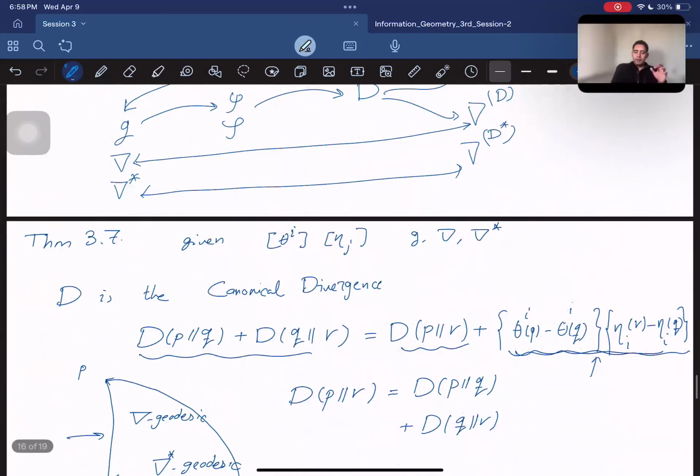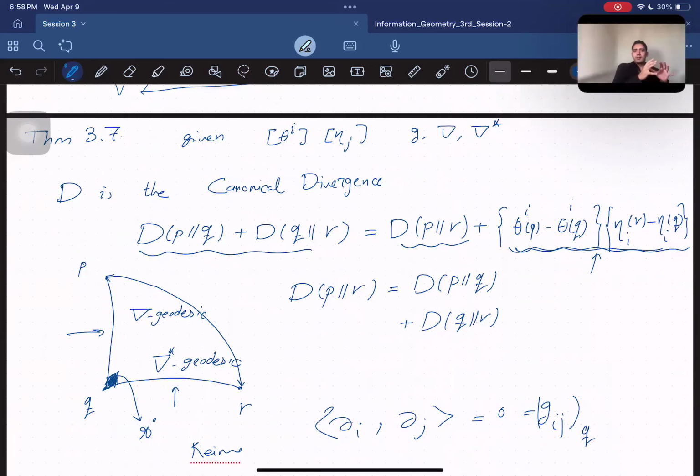If we have that, we can create all the divergence and triangle property as well. Okay. With that in mind, I want to conclude this session. So we started from Riemannian metric and connection. We ended up with a divergence. We started with a divergence and ended up with a Riemannian geometry.